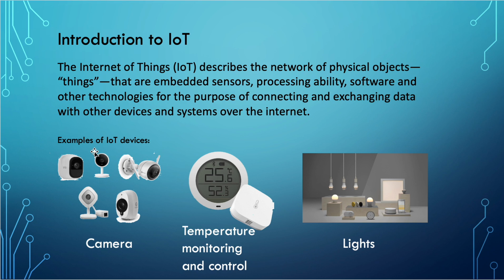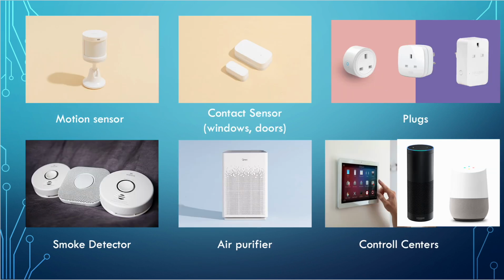So we are going to move from mostly single sensors or single devices that do a single function. From now on, we will talk about devices having multiple sensors, where multiple actions will be carried out.